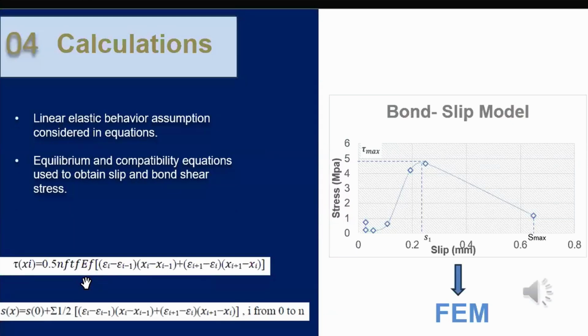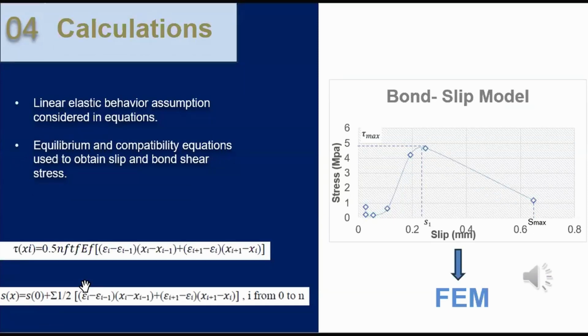For calculations, we assumed linear elastic behavior for materials and used equilibrium and compatibility equations to obtain values for slip and bond shear stresses. For each segment between 2 strain gauges, i and i+1, the stresses and the slip are calculated and then plotted for all segments, so we get our bond slip model.